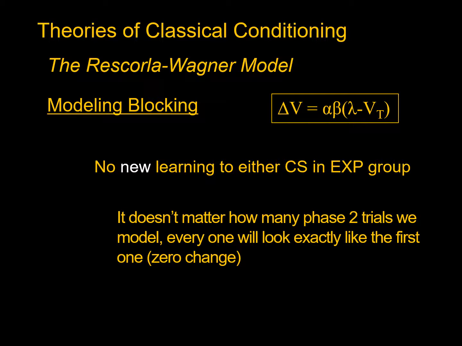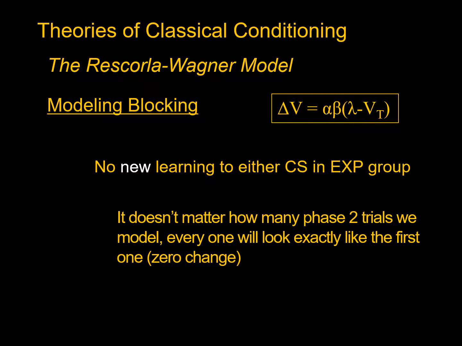If you've used up all the associative strength in phase 1, you're just going to keep getting 0, 0, 0, 0, 0, no matter how many times you do this. Nothing's ever going to change, which reflects pretty clearly the fact that the CSB association is going to be completely blocked. You're never going to learn anything about that.